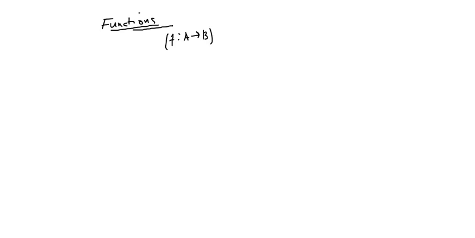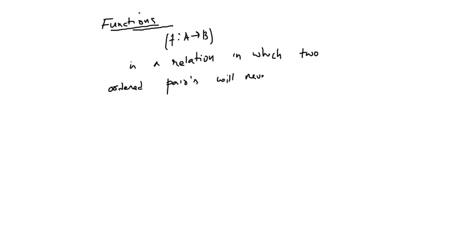A function from A to B is a relation in which two ordered pairs will never have the same first element.